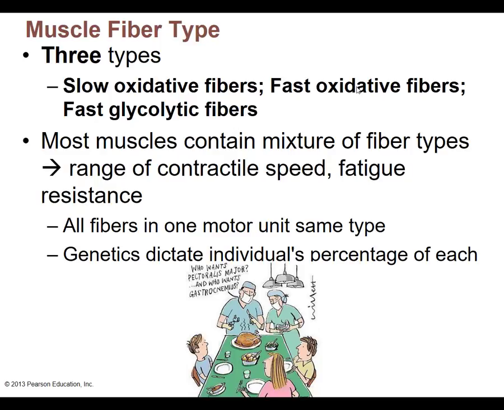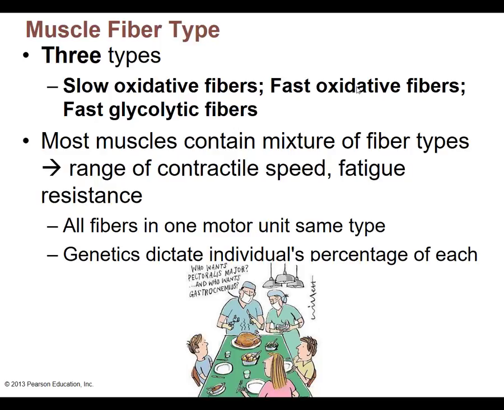Because it has lots of myoglobin, though not as much as slow oxidative, they usually say it appears pink. Now, most of the muscles in our body have some type of mix of these fibers. It's rare to have only one of them, and this can help change our contraction speed and how fast we tire.